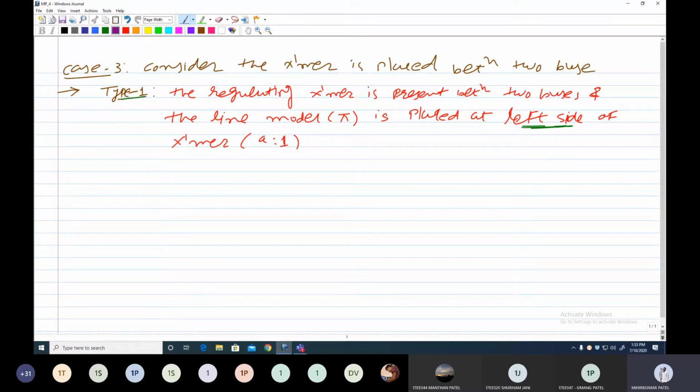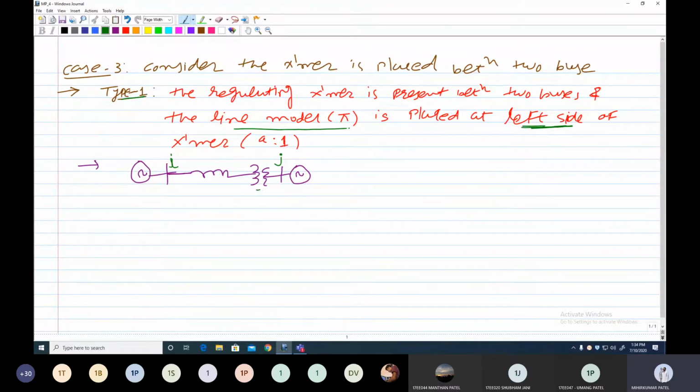Just consider a two bus network as shown in figure 1, with bus numbers I and J. As we have said, the transmission line model pi is placed at the left side of the transformer.